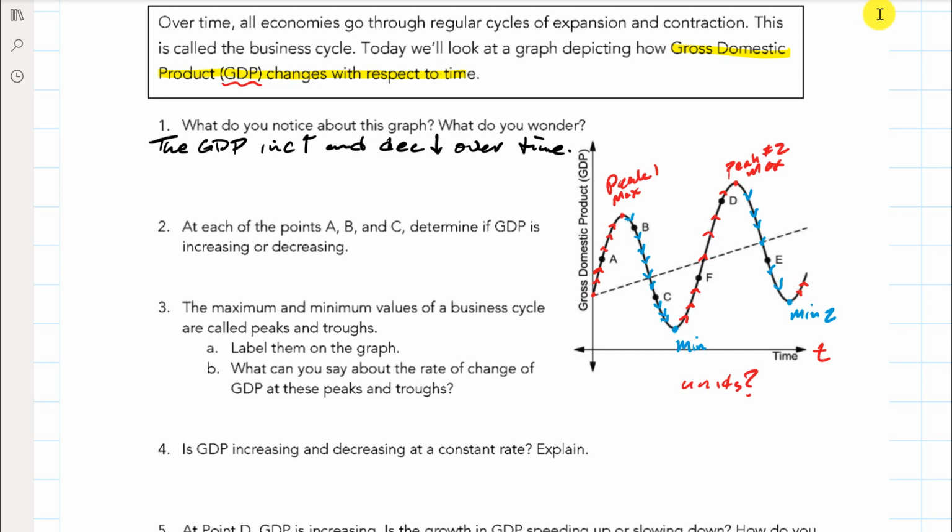So I'm just going to say there is a general upward trend. Things are improving, is what I'm saying. Upward trend. Okay, what does that mean? Things are improving. Economy is improving.